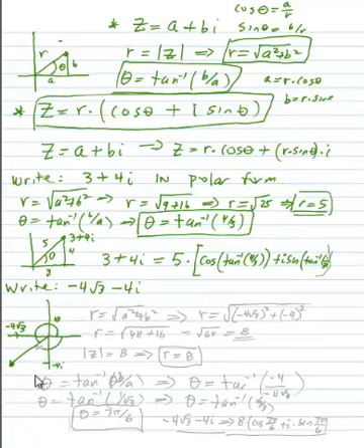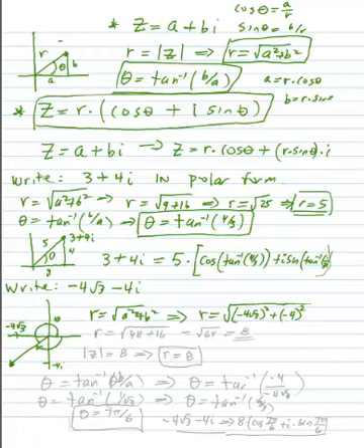Here we would say r is equal to the square root of a squared plus b squared. That tells us r is the square root of the quantity negative 4 root 3 squared plus a negative 4 quantity squared like that.